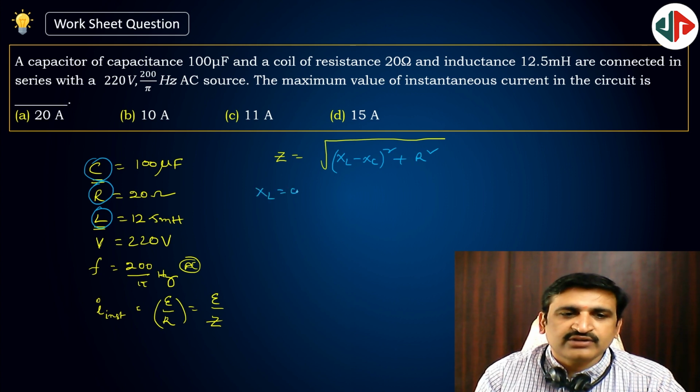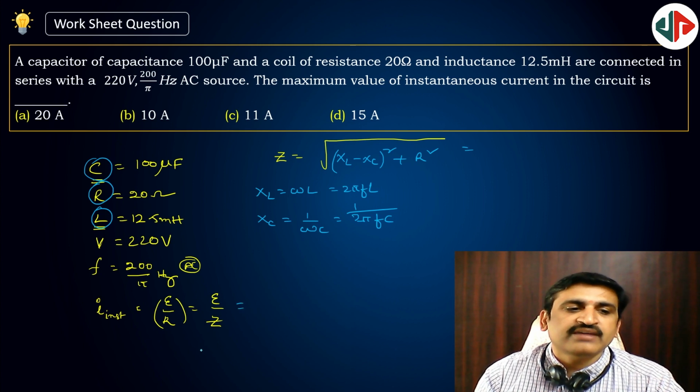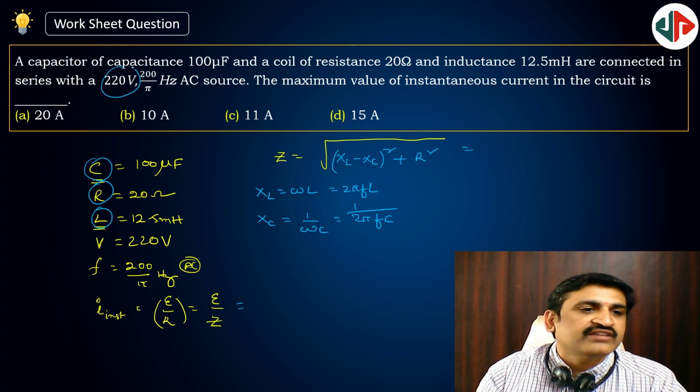XL is equal to omega L, that is equal to 2 pi FL. XC is equal to 1 by omega C, that is equal to 1 by 2 pi FC. And R value is given. So you need to substitute in it, and Z value should be obtained. After obtaining Z value, you go for E by Z. Here the E value given is the RMS value.